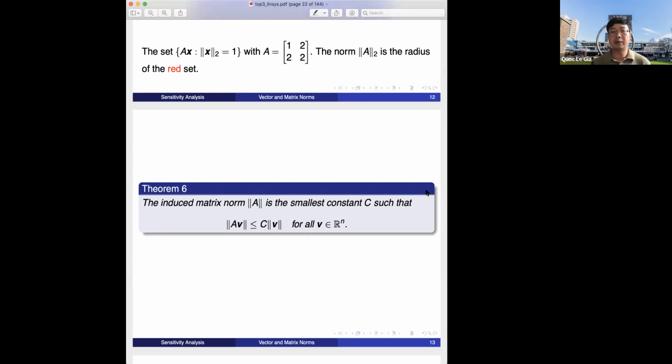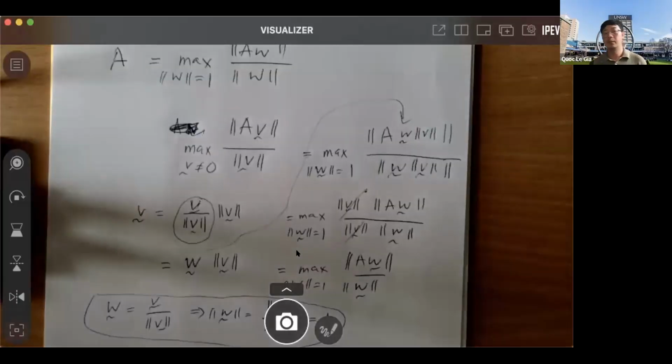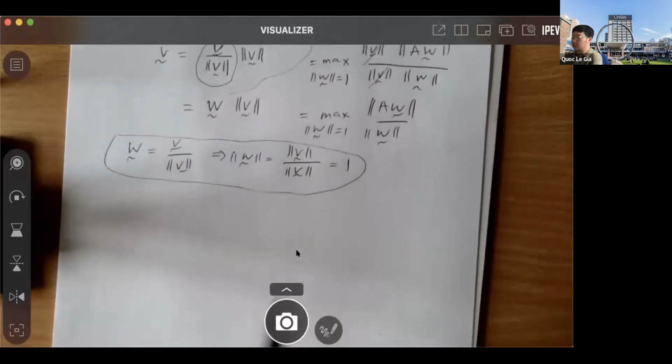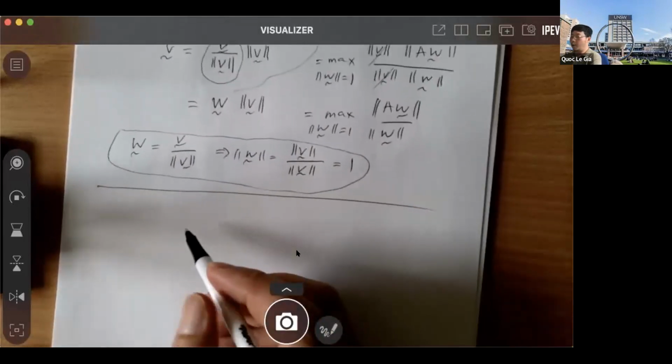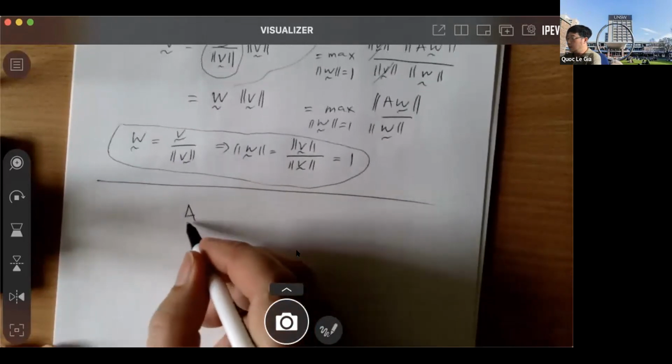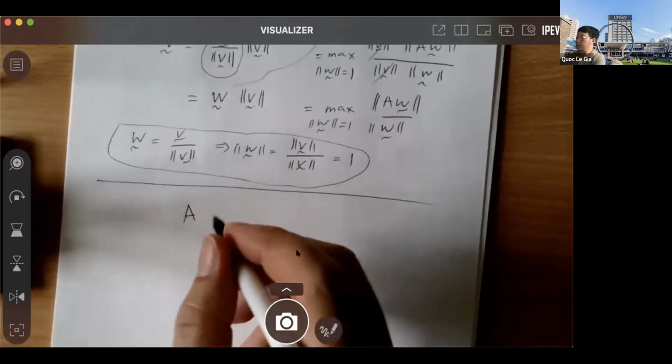Well, so now you go back to the definition. So now I go back to the piece of paper. Suppose I have AV.